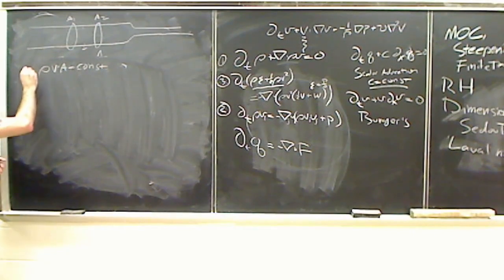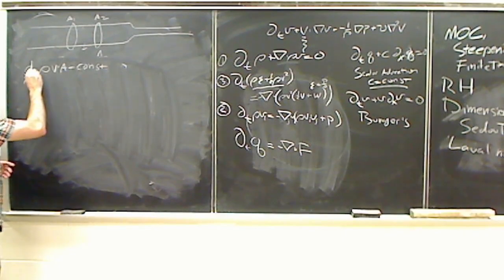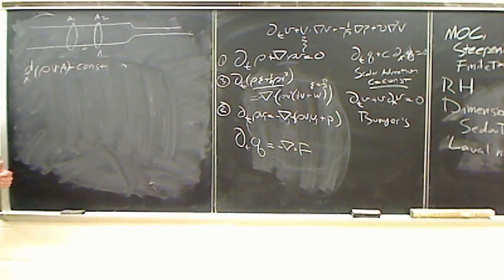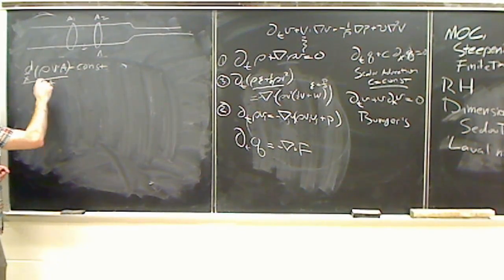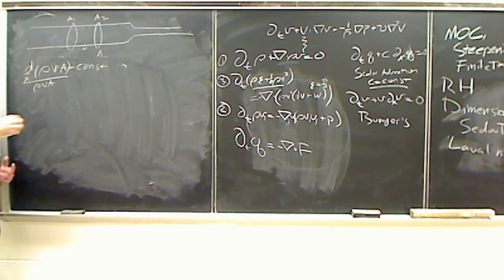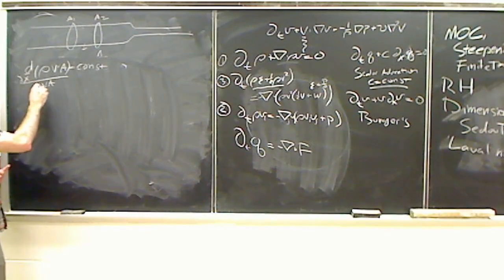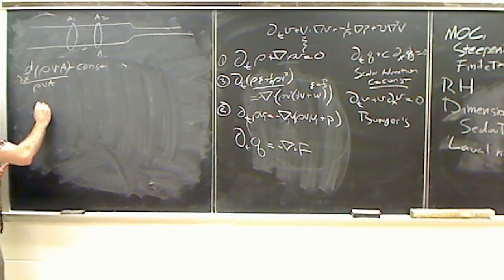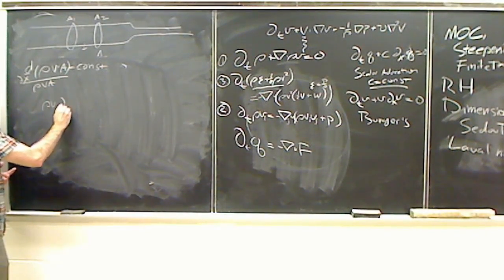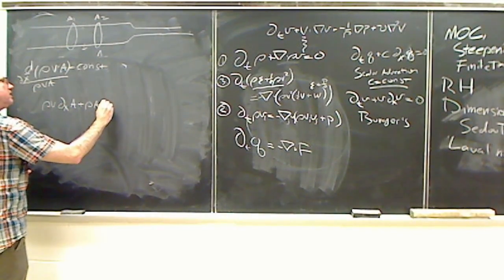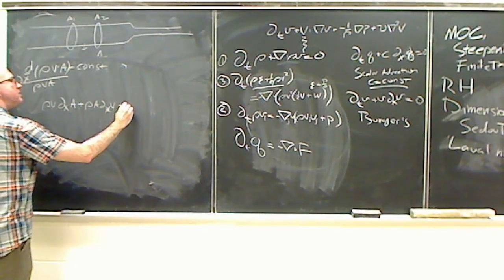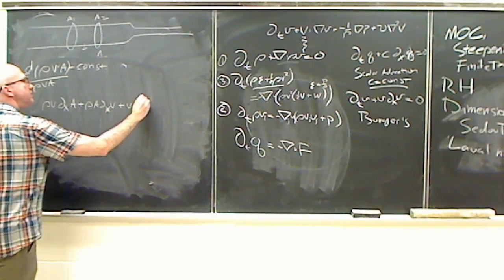So now I'm going to take the derivative with respect to x of rho vA, and then I'm going to divide by rho vA. So I'm going to get 3 terms from the product rule. It's going to be rho v dA/dx plus rho A dv/dx plus vA d rho/dx.